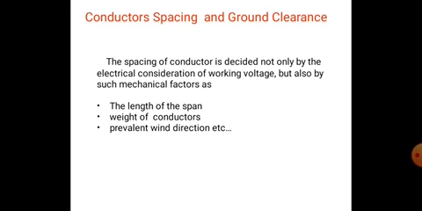Voltage level means whether it is a low tension line, an 11 kV line, a 33 kV line or a 66 kV line. The conductor spacing is directly proportional to the system voltage. If the voltage increases, the spacing also increases. But if the voltage increases, it decreases the mutual inductance between the earth and the conductor.